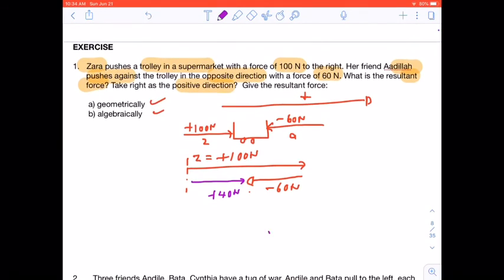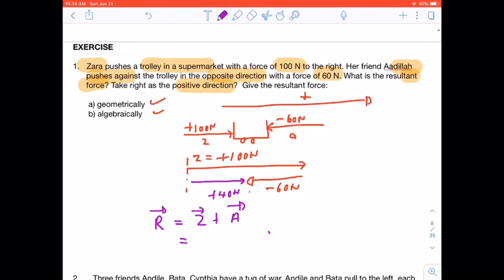If we look at it algebraically, we would say a resultant R is equal to Zara's force and Adila's.